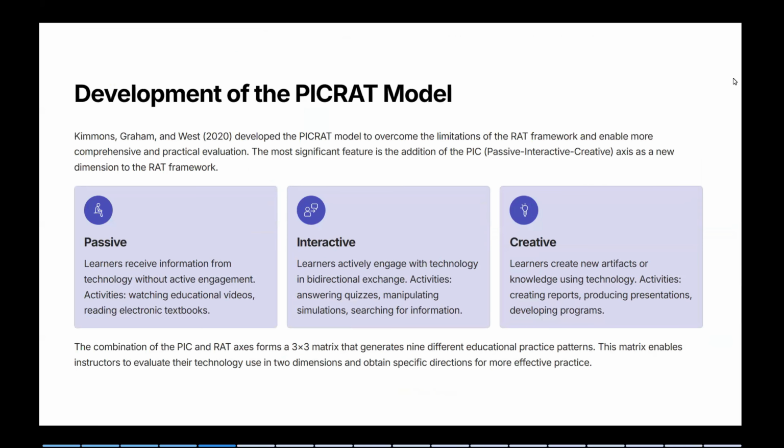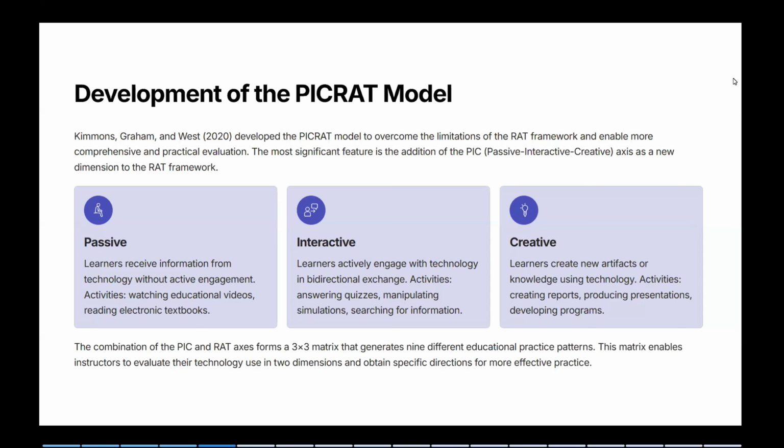The PICRAT model. In 2020, researchers improved the framework. They added a new dimension called the PIC. PIC stands for passive, interactive, and creative. Passive: students only receive the information, for example, watching a video.